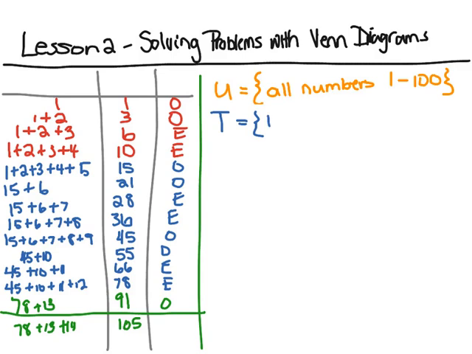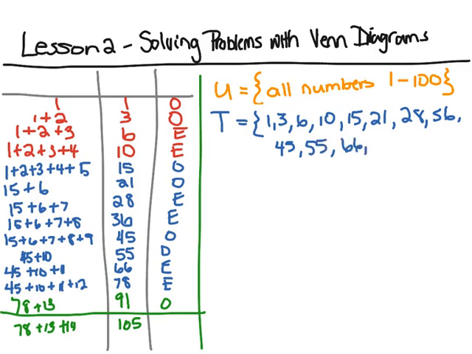So 1, 3, 6, 10, 15, 21, 28, 36, 45, 55, 66, 78, and 91. So those are all our triangular numbers. Now we'll do our even numbers.